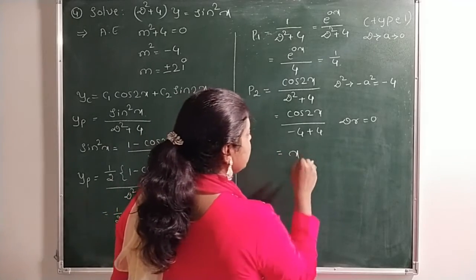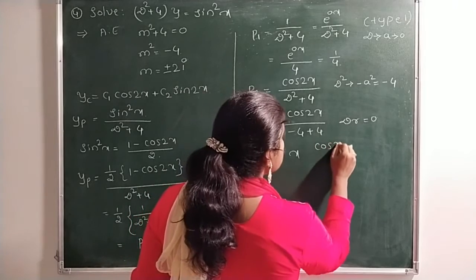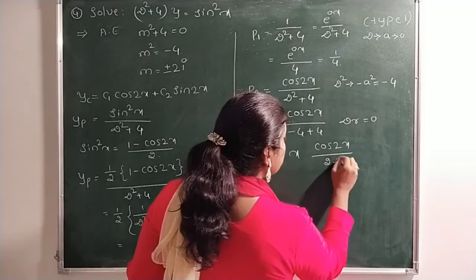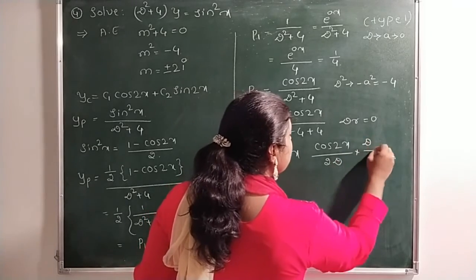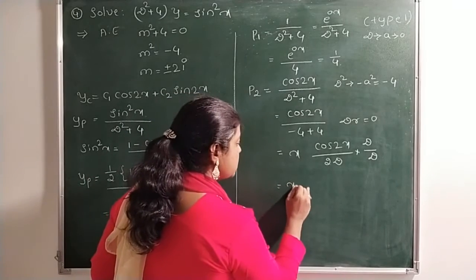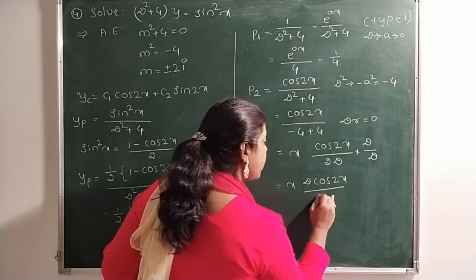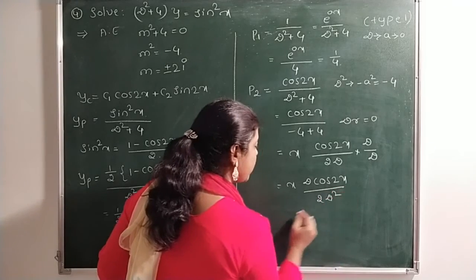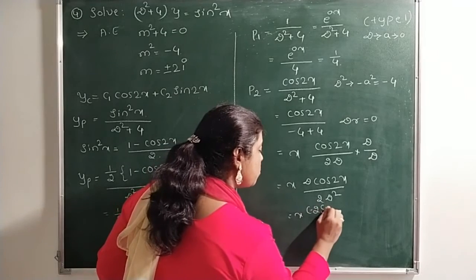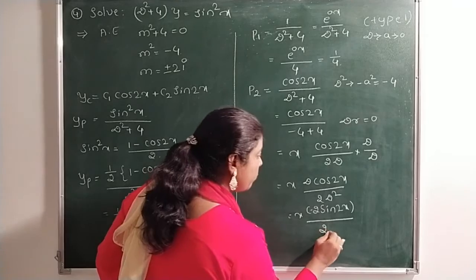If the denominator is 0, multiply by x, cos 2x, and differentiate the denominator, 2D. Again we got D, so multiply and divide by D. x, differentiation of cos 2x divided by 2D square. x, differentiation of cos is minus 2 sin 2x divided by 2D square.